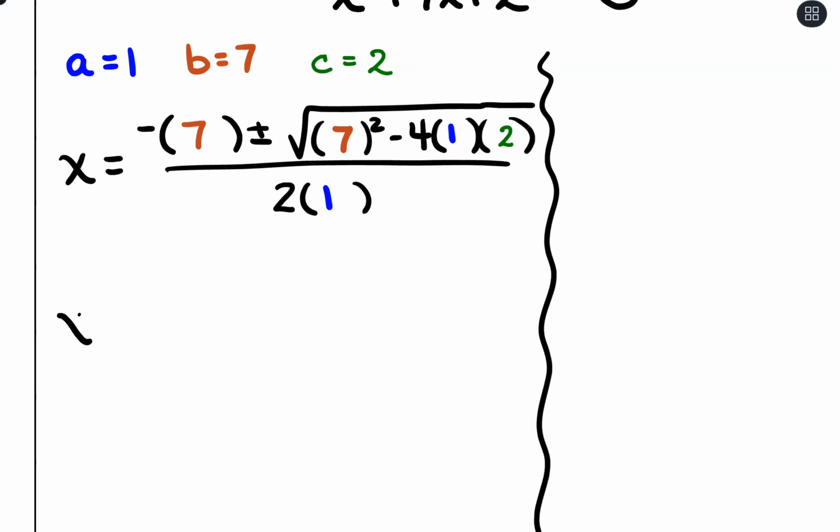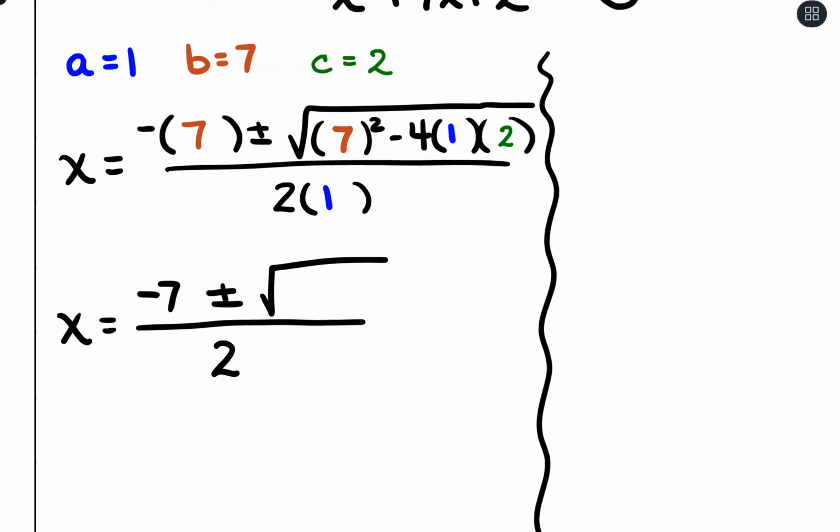Okay, so x equals, we have a negative 7 plus or minus, over 2, square root, let's see, 49 minus 8 for a 41. And we're not going to be able to simplify that square root there, so we're going to leave it just like that.